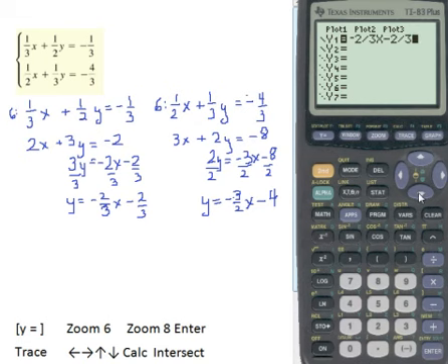And go down to y2 and enter y equals -3/2, 3 divided by 2, x minus 4.